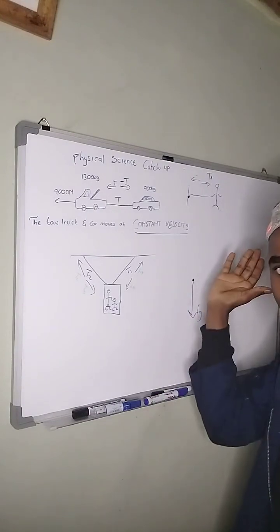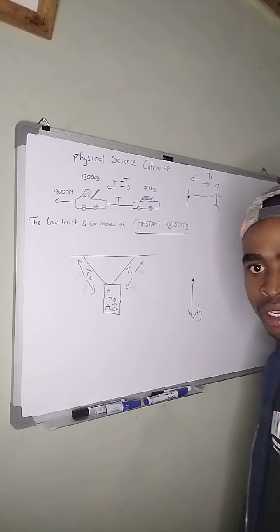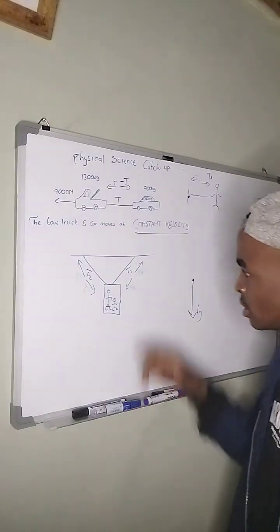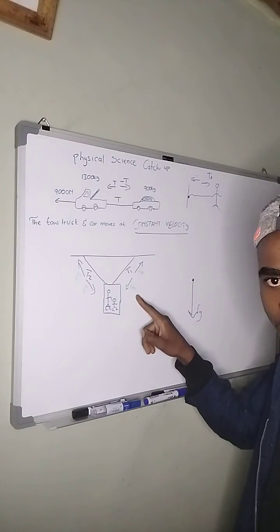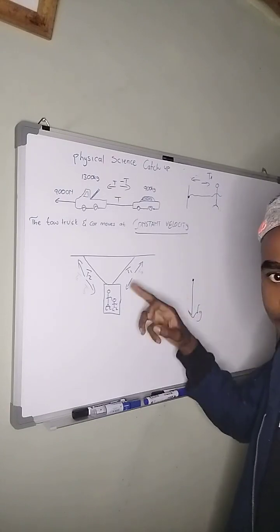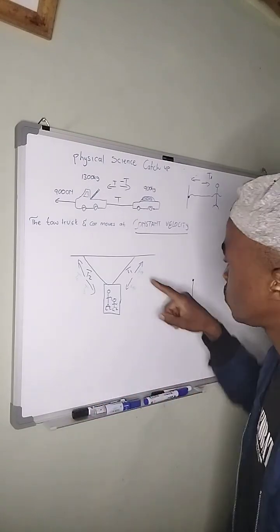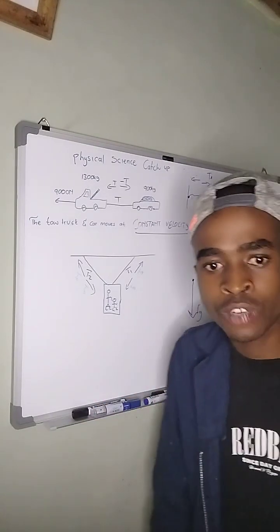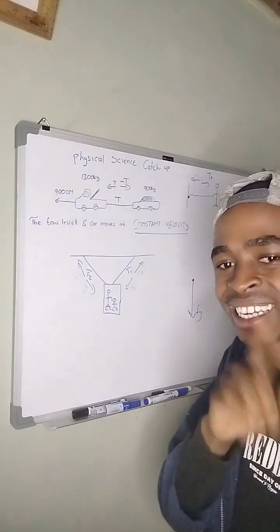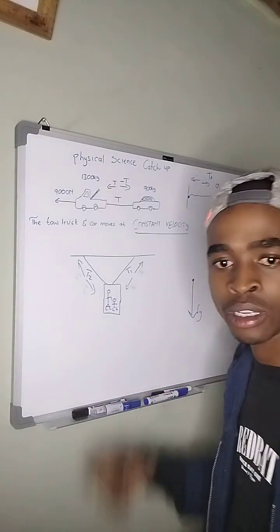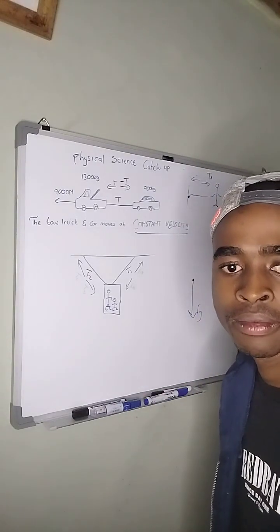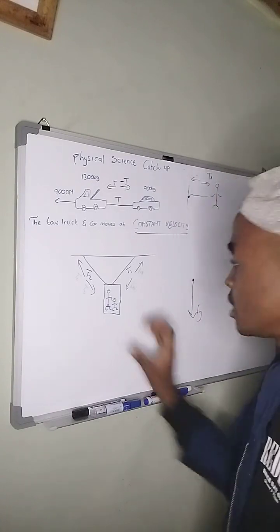I want to know, between the two forces TA and TB, which force resists this picture to go down, because the picture is hanging?